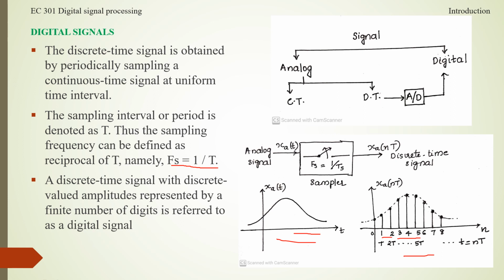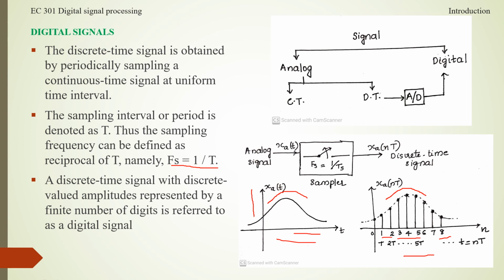But for the DT signal, the x-axis or the time axis is not continuous, it is discretized at discrete instances of time. But for both CT signal and DT signal, the y-axis or the amplitude is continuous. Hence, both signals are analog signals. For analog signals, the amplitude is continuous.